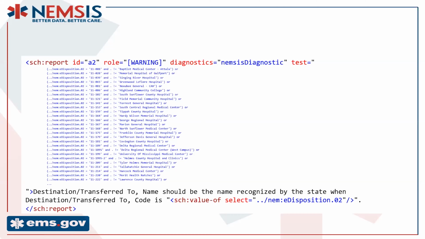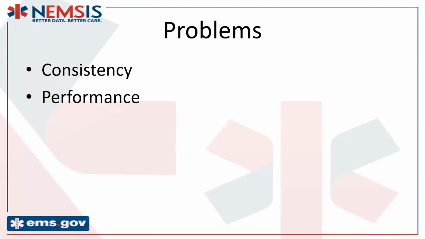So a couple problems come up with these hard-coded approaches to validating things that are in your state data set. One is consistency and the other is performance. Consistency is the main issue that we will focus on today, but I'll talk a little bit about performance at the very end.